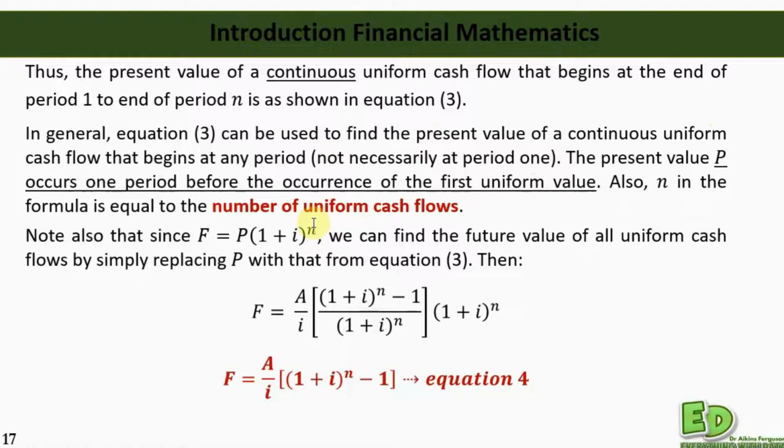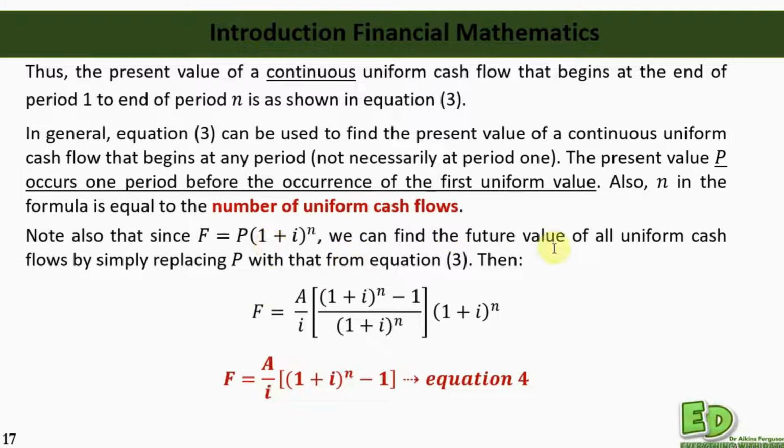Note also that F is equal to P into bracket 1 plus I raised to the power n. So we already know the formula for present value of a uniform cash flow. We can also find the future value of a uniform cash flow, and this is how the formula was also gotten. So note that F is equal to P bracket open 1 plus I raised to the power n.